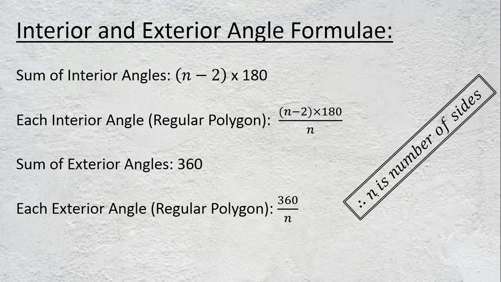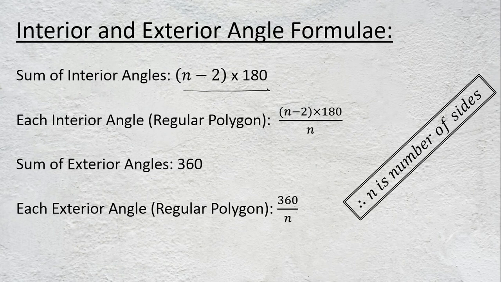To find the sum of the interior angles, the formula is (n minus 2) multiplied by 180. Here n is the number of sides, so if we have a hexagon, the value of n is 6. Now, if we have a regular polygon, then in a regular polygon all sides and all angles are equal.